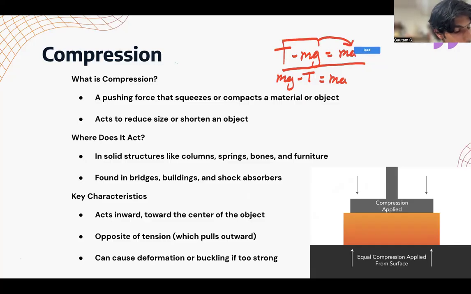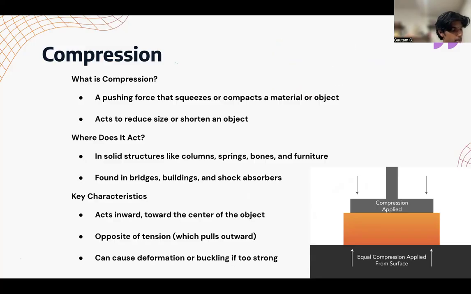But if I do mg minus T, I'm stating that mass times gravity is playing a bigger force than tension. I don't want to confuse you with that because it doesn't matter which way we do it, but it matters when it comes to systems that are related. I don't want to go too much into that.